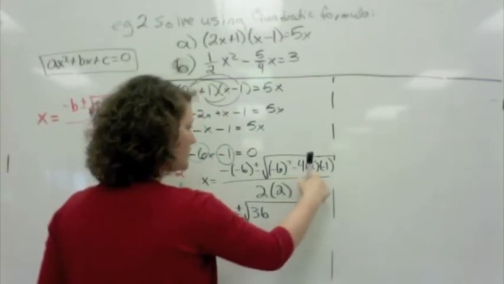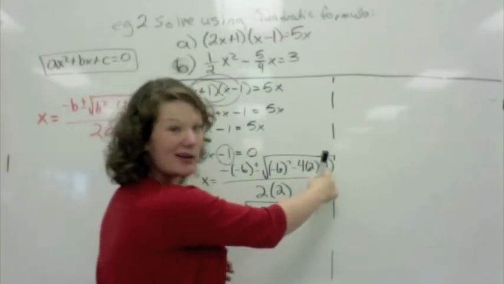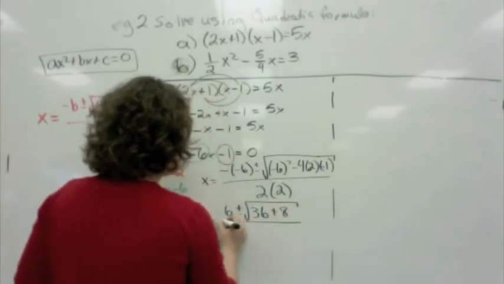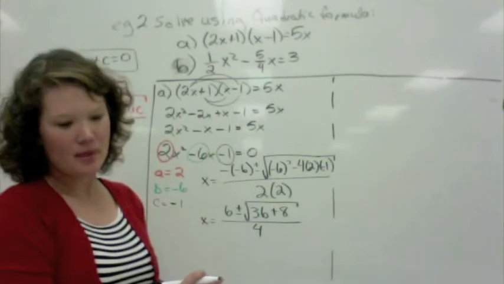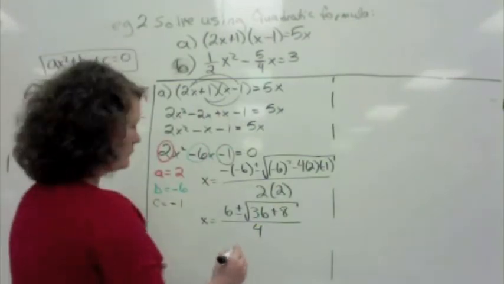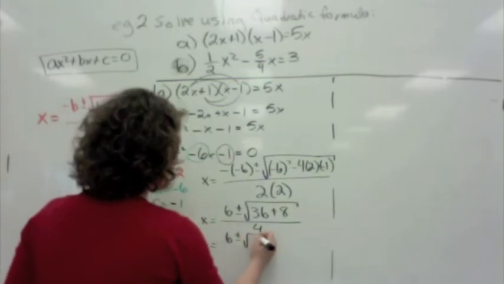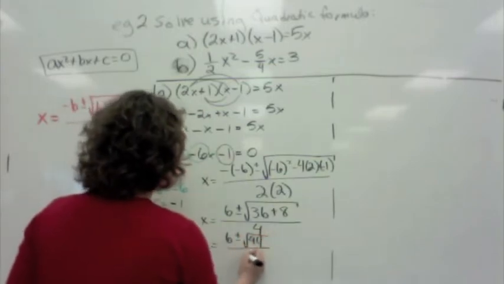Minus 4 times 2 is negative 8, times negative 1 is positive 8. Plus 8 over 4. x equals 6 plus or minus the square root of 44 over 4.